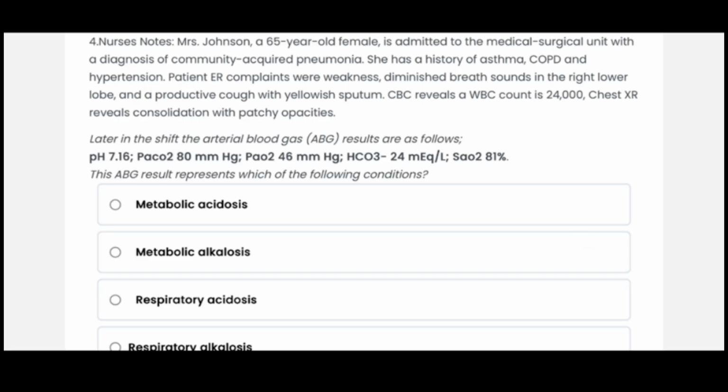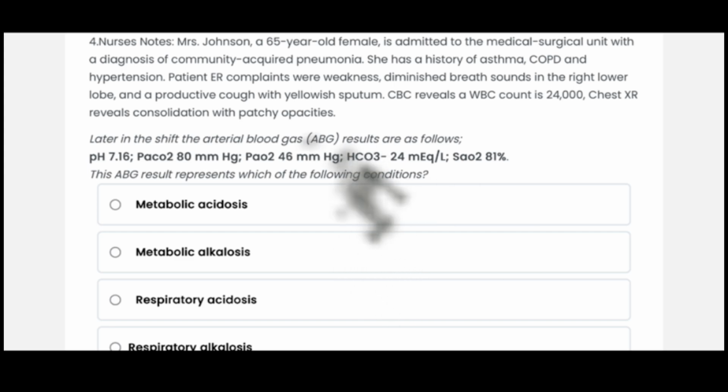Chest X-ray reveals consolidation with patchy opacities. Later in the shift, the arterial blood gas results are as follows. pH is 7.16, PCO2 is 80, PaO₂ is 45, the bicarb is 24, and the O2 sat is 81%. This ABG result represents which of the following conditions?